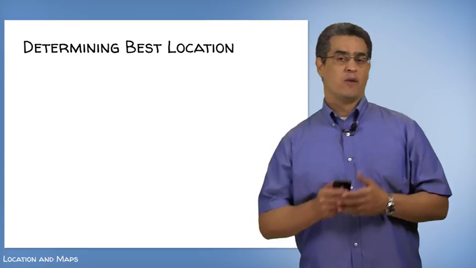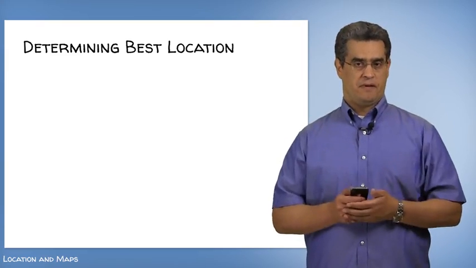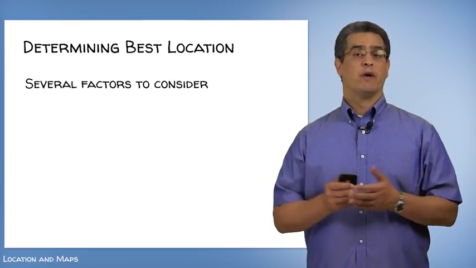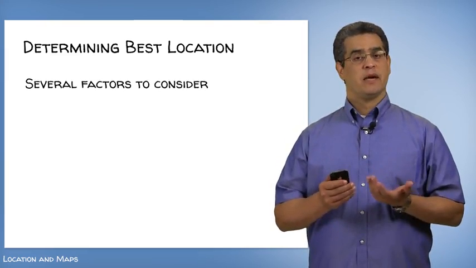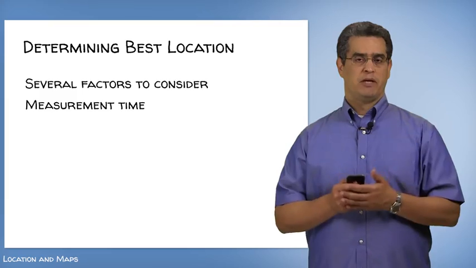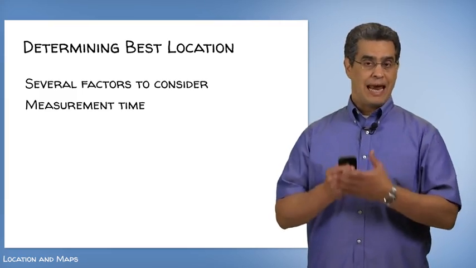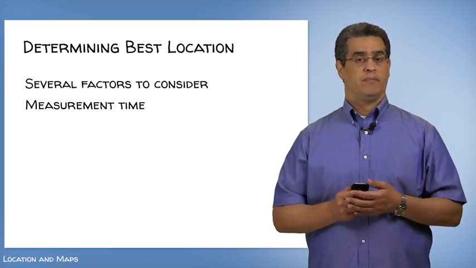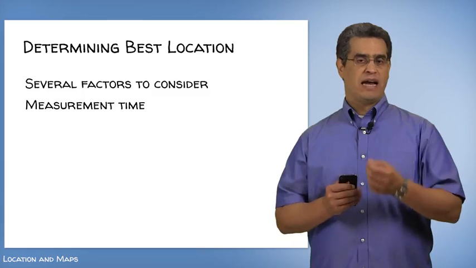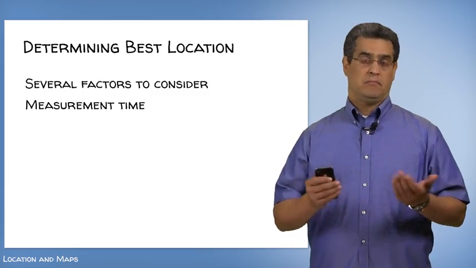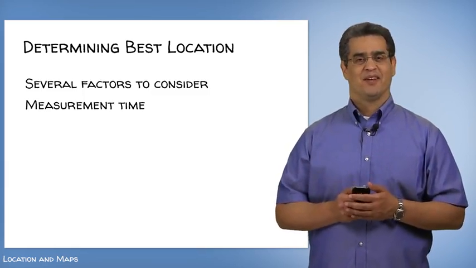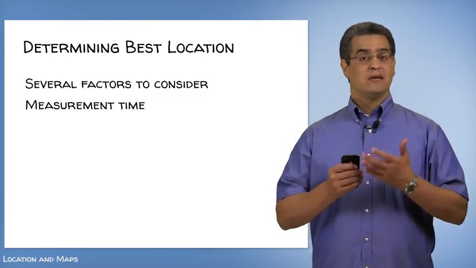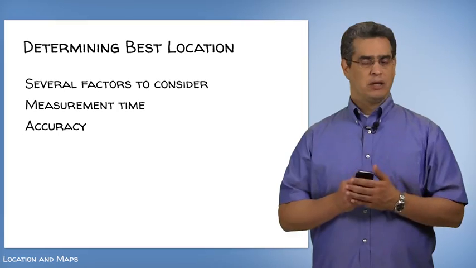Now, when you're determining whether your location is good enough, there are several factors that you might want to consider. For example, for how long should you keep measuring? For instance, a navigation system might need continuous measurement, while a restaurant finder application might just need a single measurement. Another question is, how accurate a measurement do you actually need?